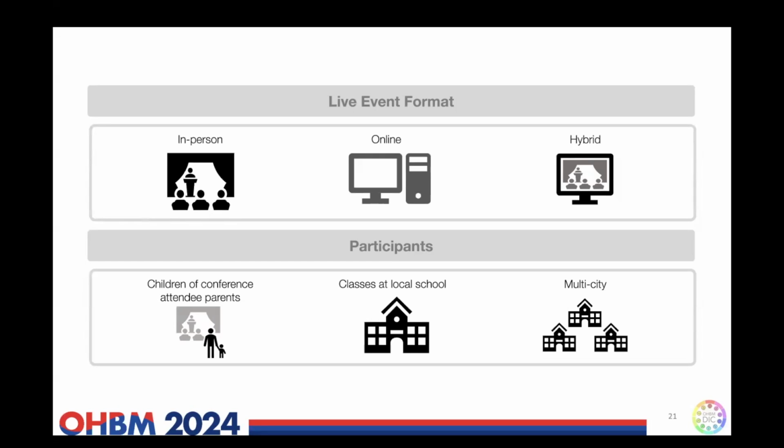Participants can be recruited from children of conference attendee parents. It can be classes at a local school. It can be multiple classes from multiple schools in different cities, if the event is happening online, might be more appropriate. Or it can be multiple sessions if the organizers have bandwidth to do so.